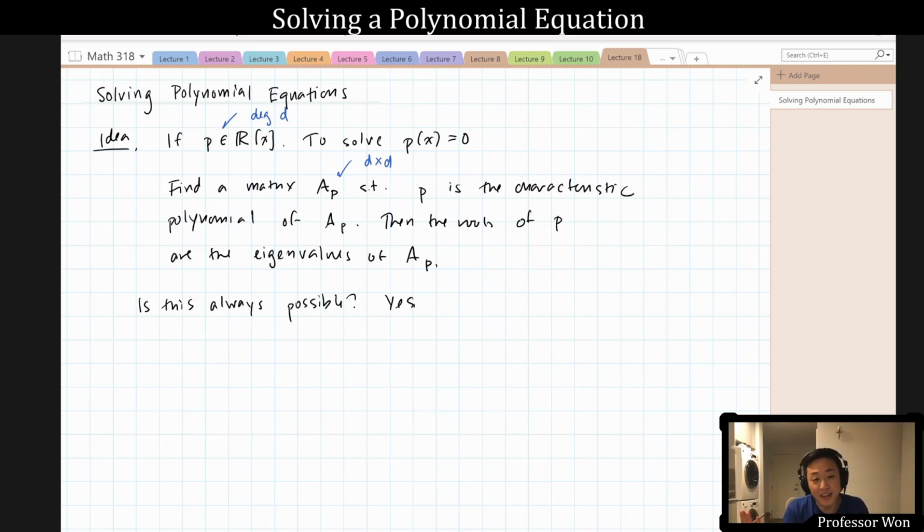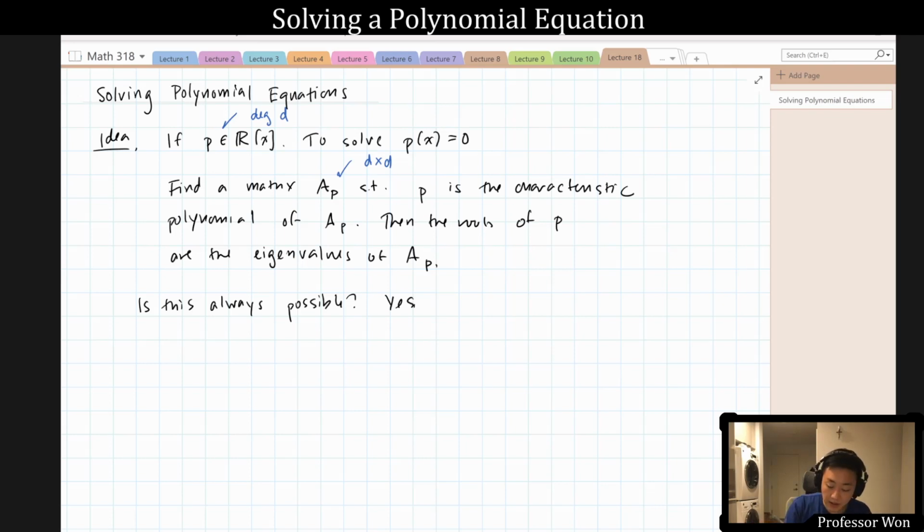Then finding the roots of a polynomial turns out to be an equivalent problem to finding eigenvalues of a matrix, because every polynomial comes as the characteristic polynomial of a matrix. Any matrix has a characteristic polynomial, of course, and more than one matrix can have the same characteristic polynomial. So it's not that every polynomial gives you just one matrix, but you can always find at least one matrix that has that characteristic polynomial.